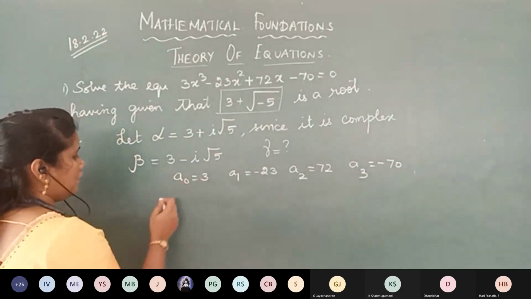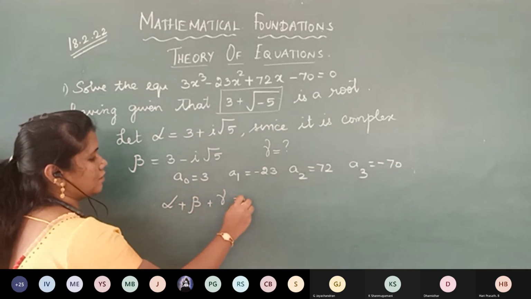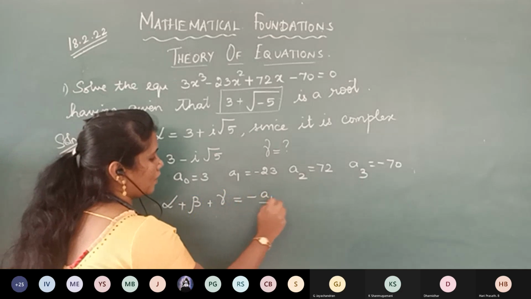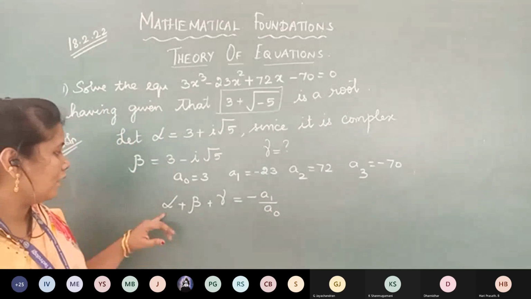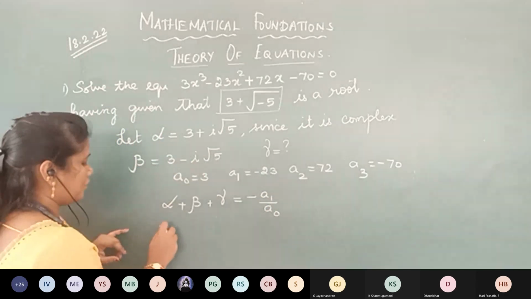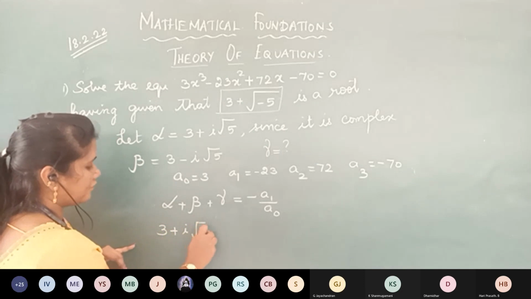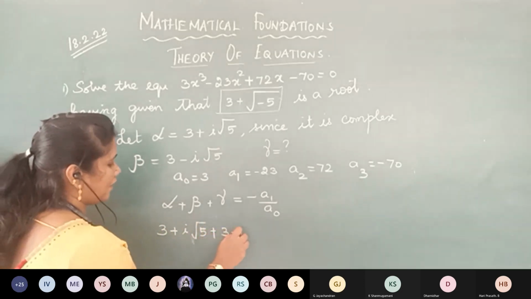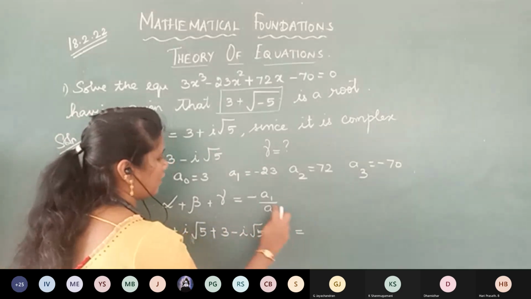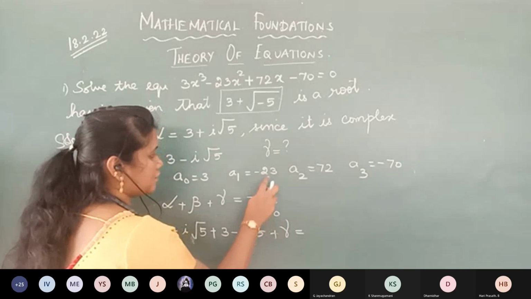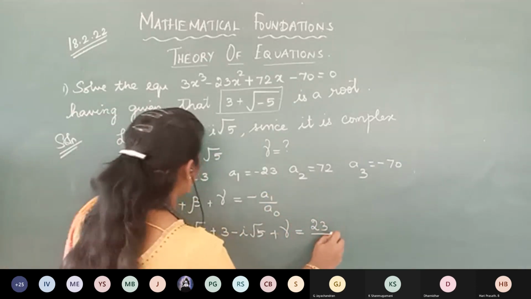Okay, so your summation alpha plus beta plus gamma is equal to minus A1 by A0 according to the formula. Alpha and beta we know, so you can substitute here: 3 plus i root 5 plus 3 minus i root 5 plus gamma is equal to, A1 is minus 23, so it becomes plus 23 by your A0, which is 3.